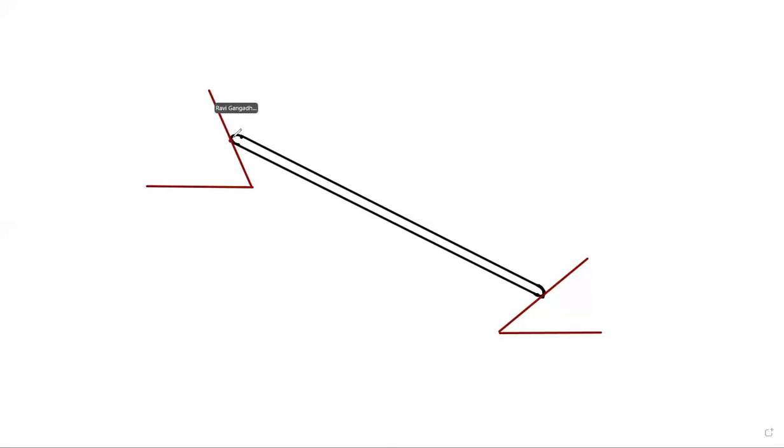So this is point B, this is point A, this is 45 degree. So find out this angle.